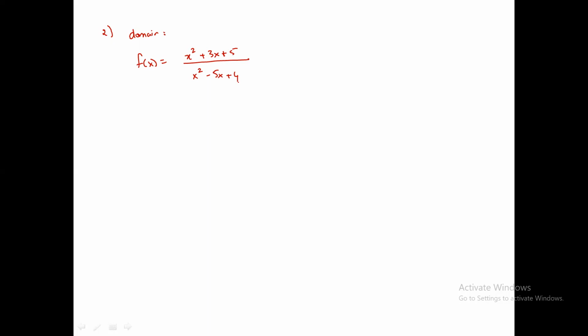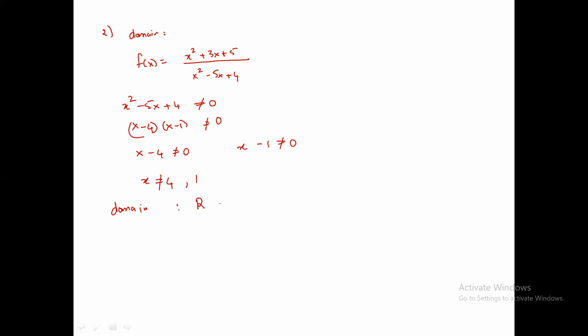Because this function has a numerator and a denominator, especially the denominator, x squared - 5x + 4 should not be 0. (x - 4)(x - 1) should not be 0. x - 4 should not be 0, and x - 1 should not be 0. So x should not be equal to 4 and 1. That means if you want to write the domain, you can say that x can be any real number, but not 1 and 4.